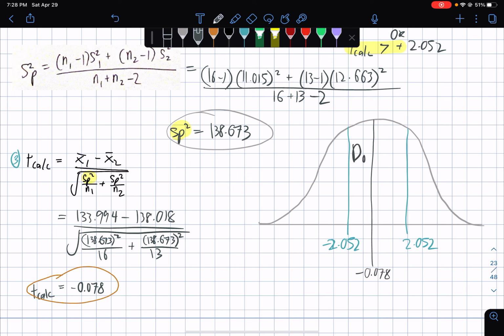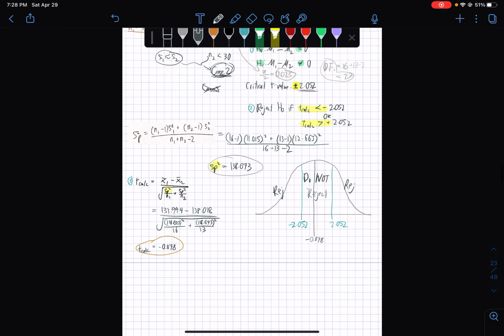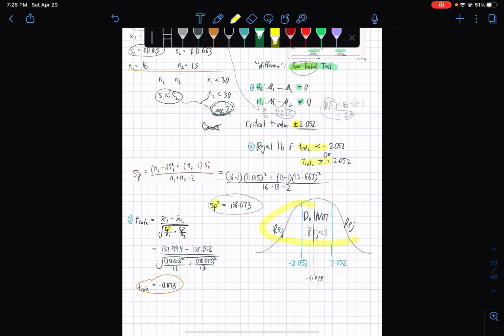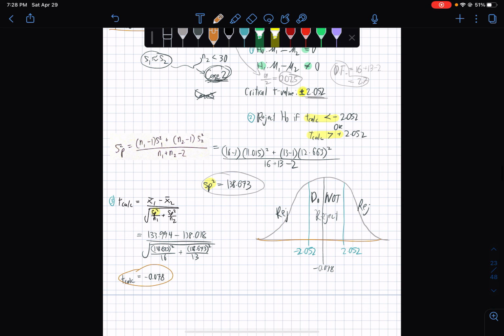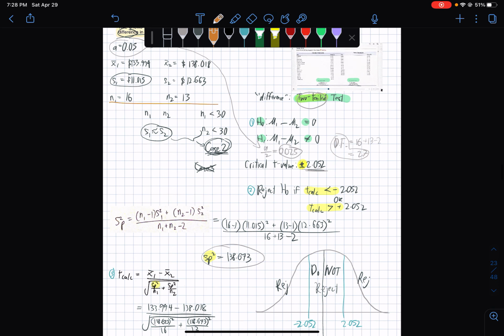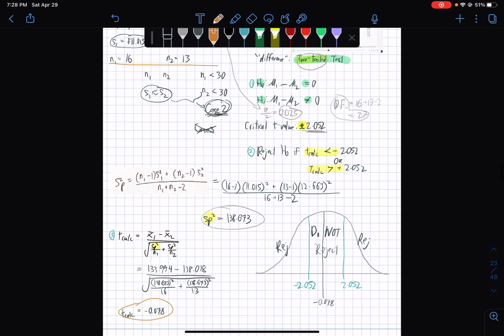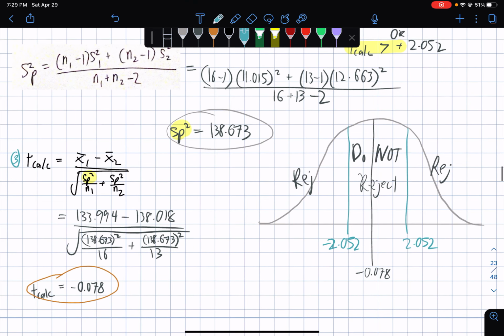And this is do not reject. And this region is reject, the other side is reject. This is standard for all two-tailed hypothesis diagrams. I'm not sure what this thing is called, but it's something related to statistics. So, what is our ruling for step 4?